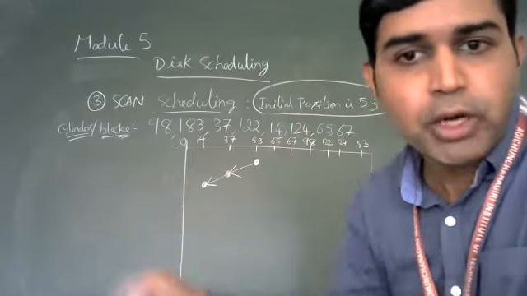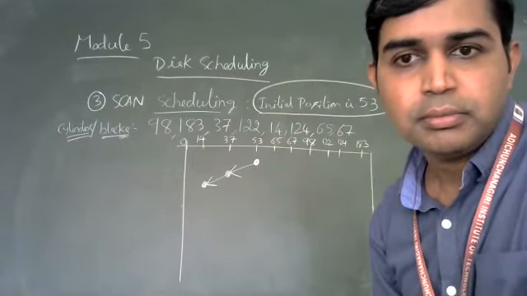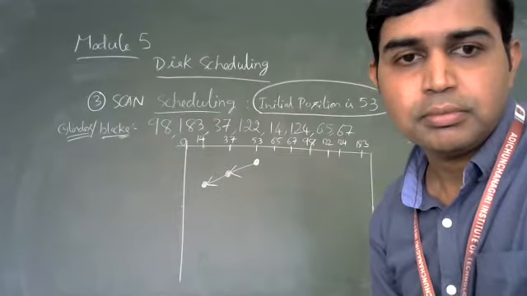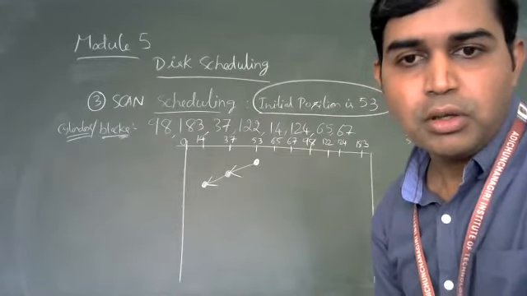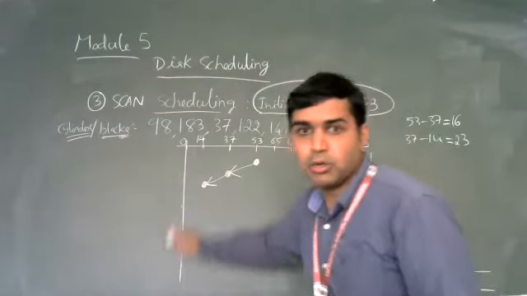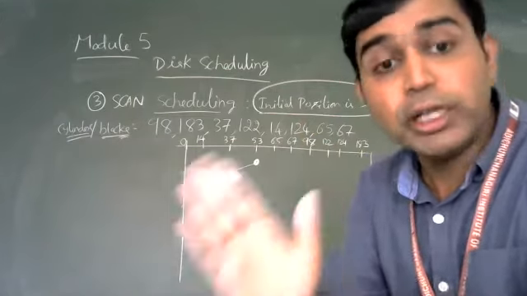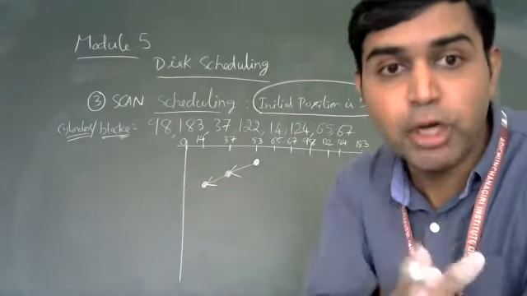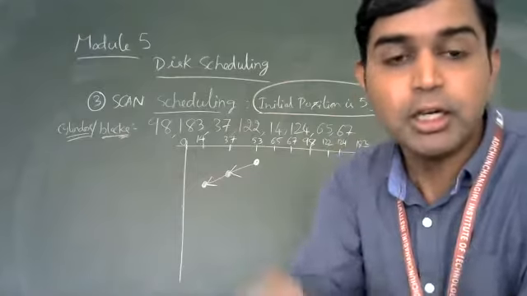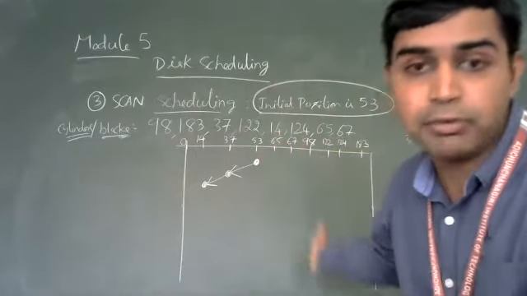What is the end of your disk? This one, 0. So from 14, it will move further to 0. Then it will make a movement to the other side of the disk.